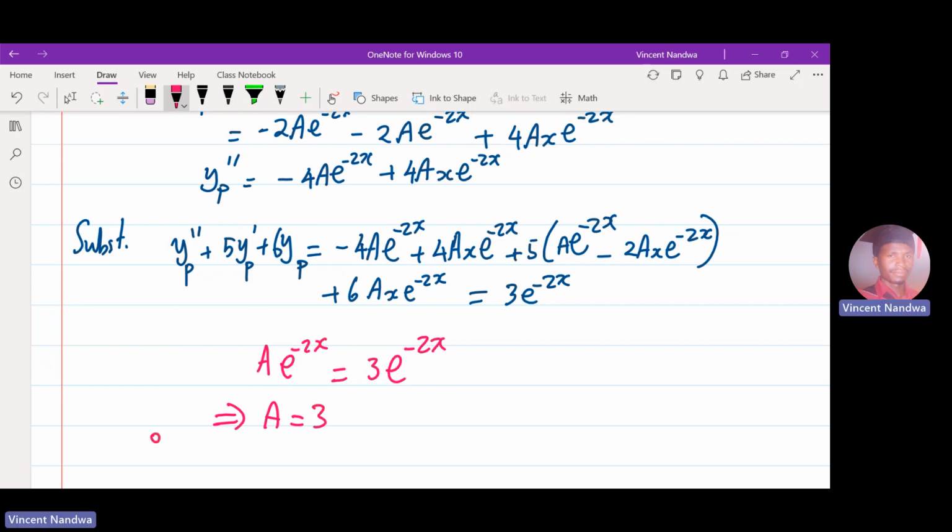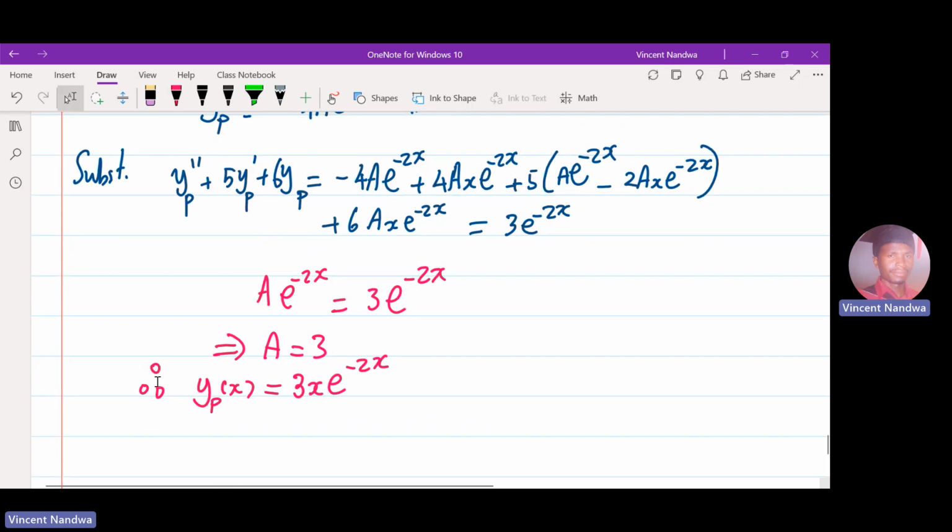Therefore, YP is given by 3x e power minus 2x. Yeah. So now we can get the final solution.